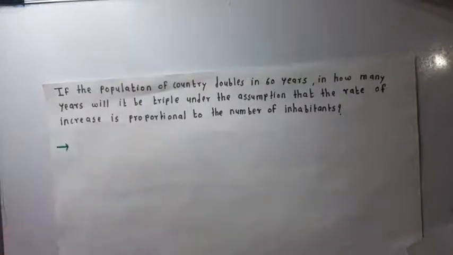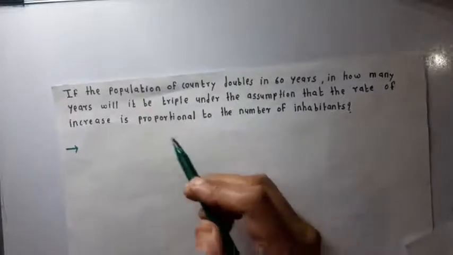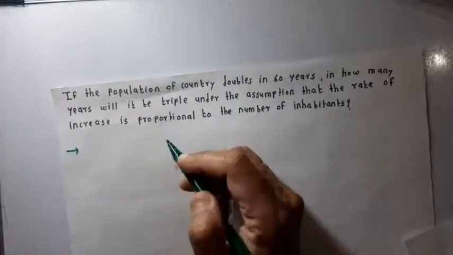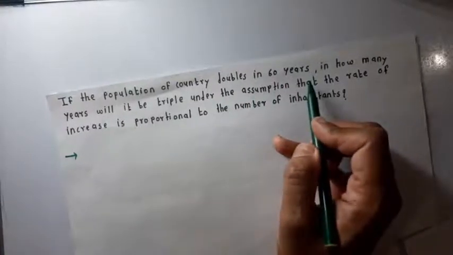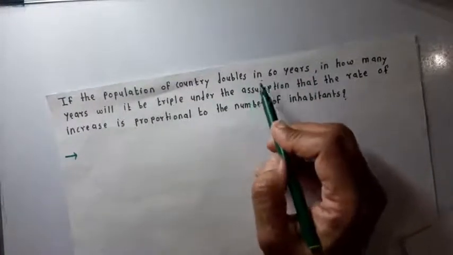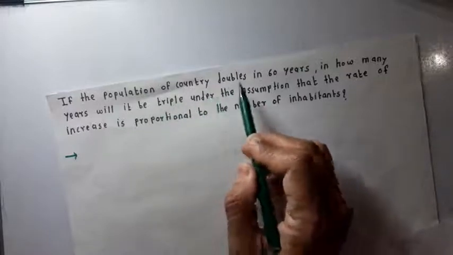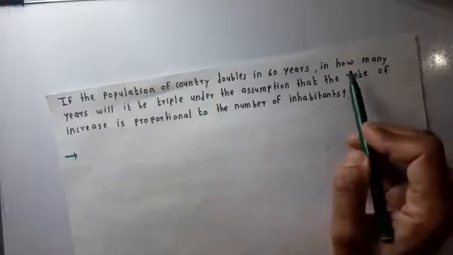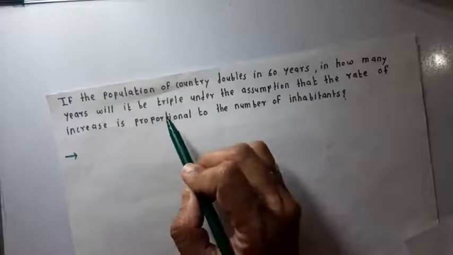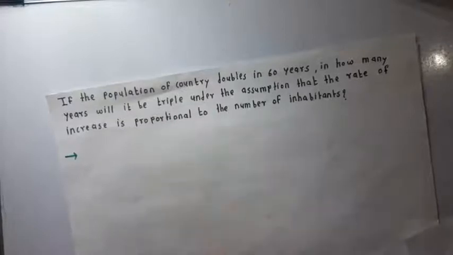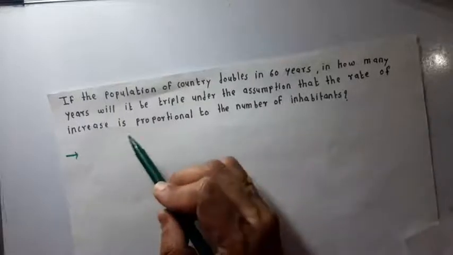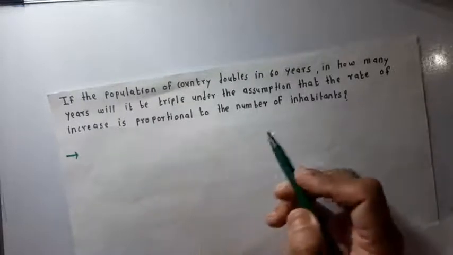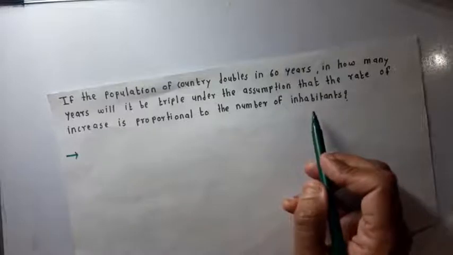So the problem is again the growth of population. The population of a country doubles in 60 years, and we have to find the number of years so that the population becomes triple, under the assumption that the rate of increase of population is proportional to the number of inhabitants.